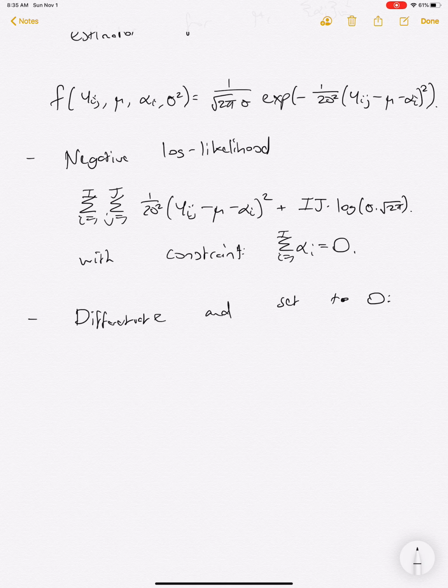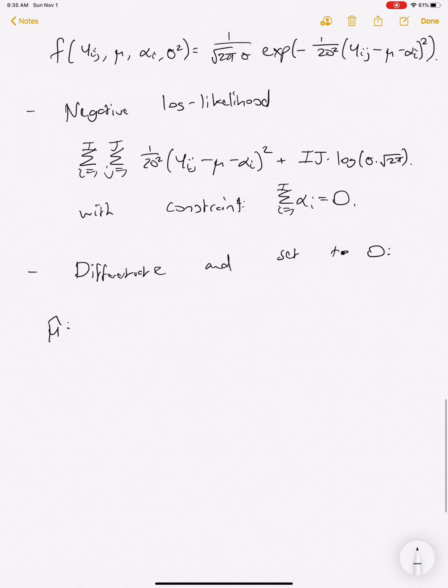If you differentiate with respect to mu hat first, we're going to get just one equation out of that, and this is something that you can check. You're going to get minus mu hat minus alpha hat i, that whole thing should equal 0.